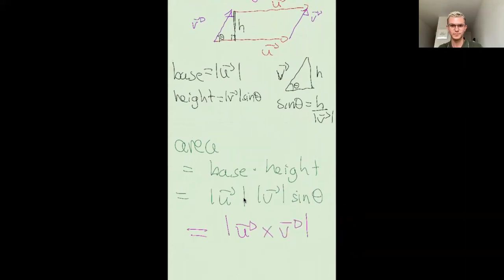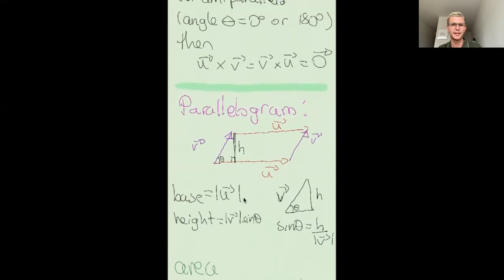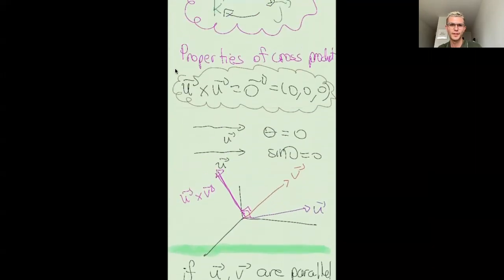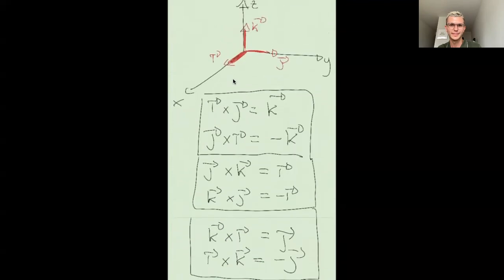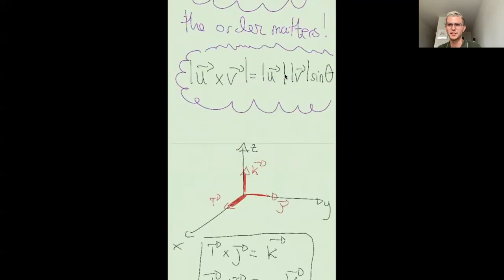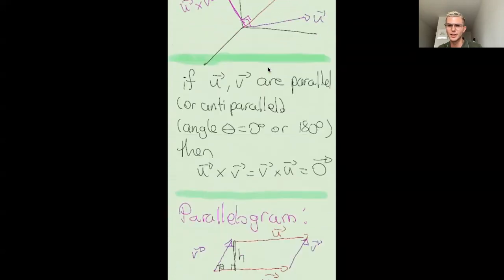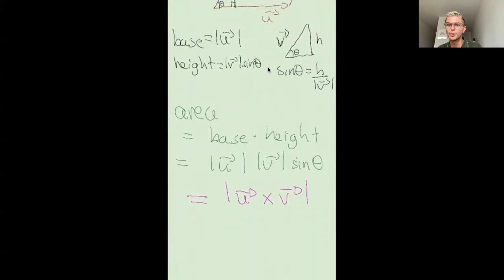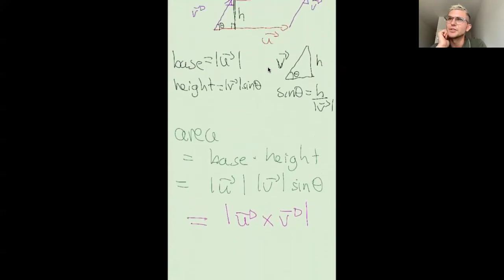Let me go back a second. Scroll, here it is. So if you want to compute the area of a parallelogram, that's actually equal to the size of the cross product.